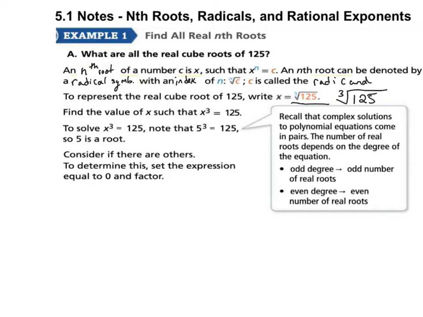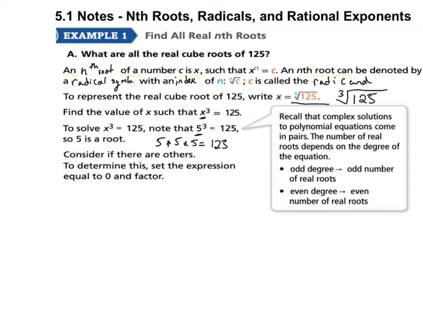So we want to find the value of x such that what cubed gives us 125. To solve x cubed is equal to 125, the answer is 5 cubed, because 5 times 5 times 5 gives us 125.